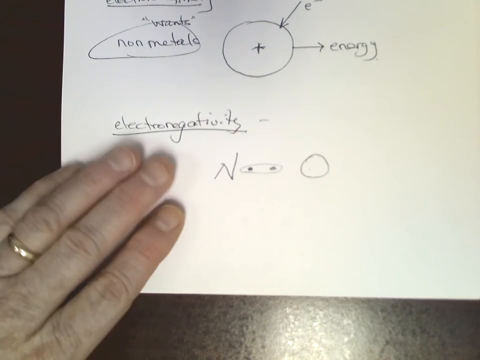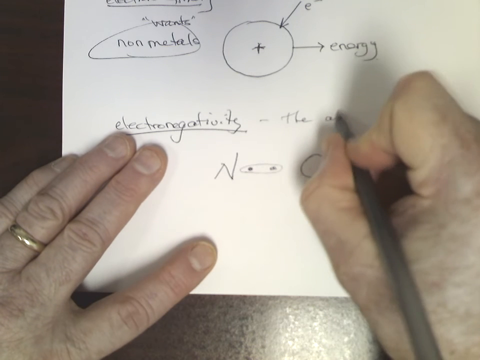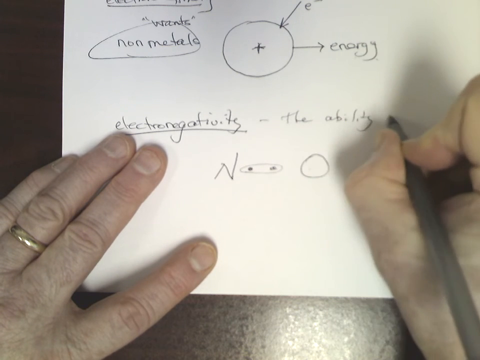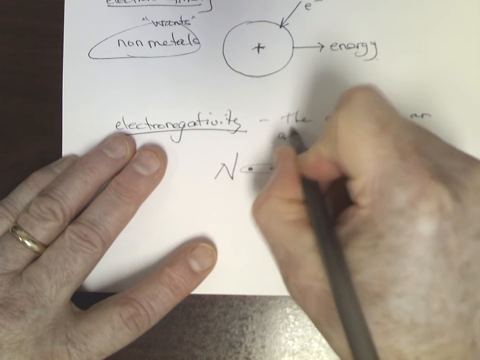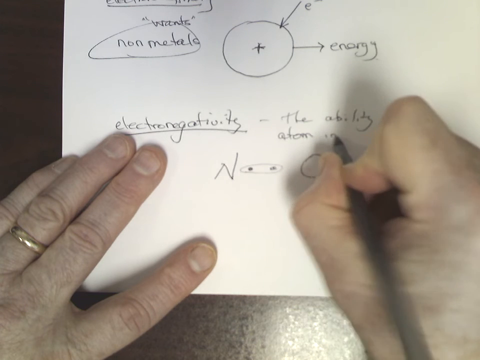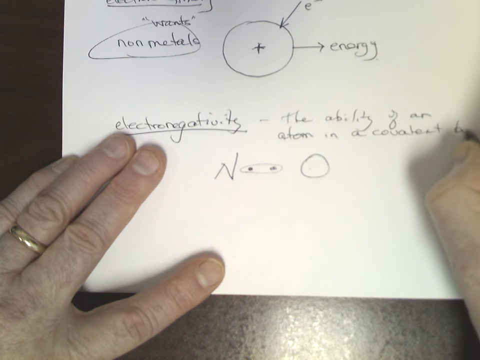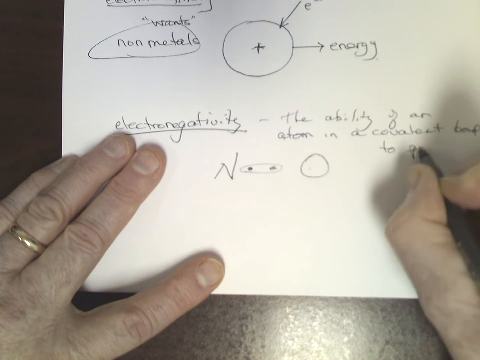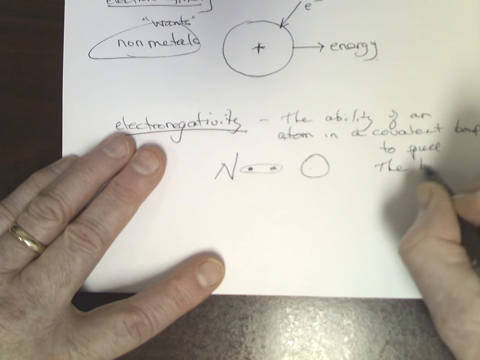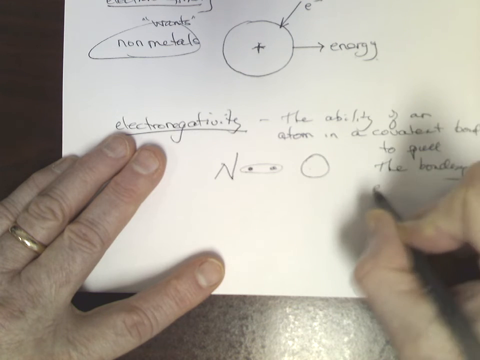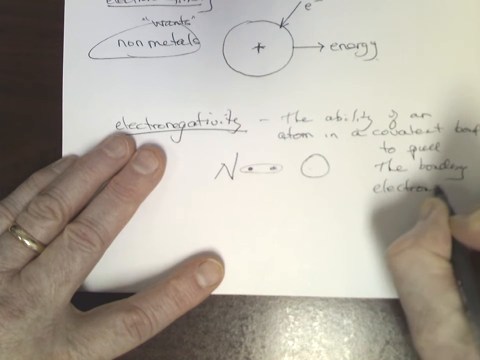Electronegativity is the ability of an atom in a covalent bond to pull the bonding electrons towards itself.